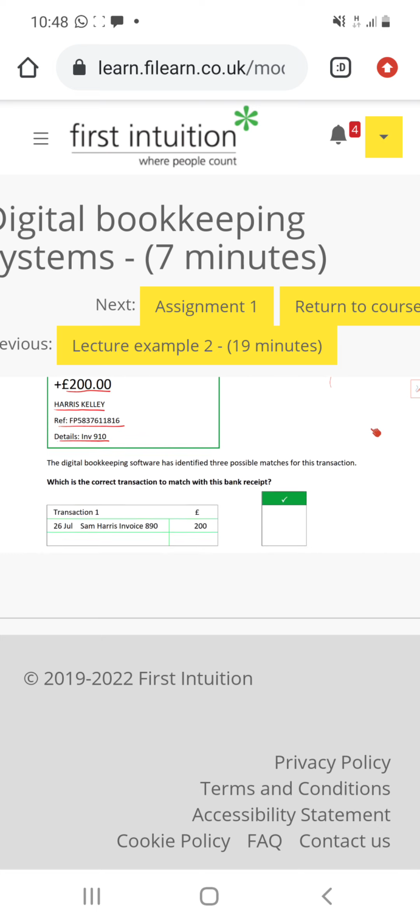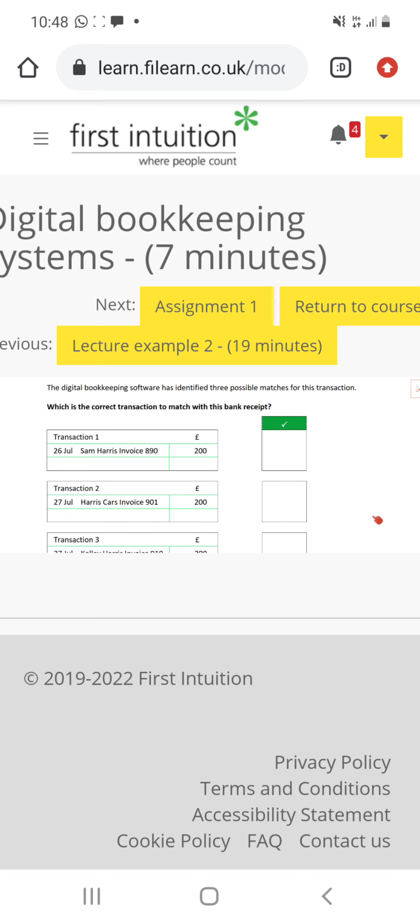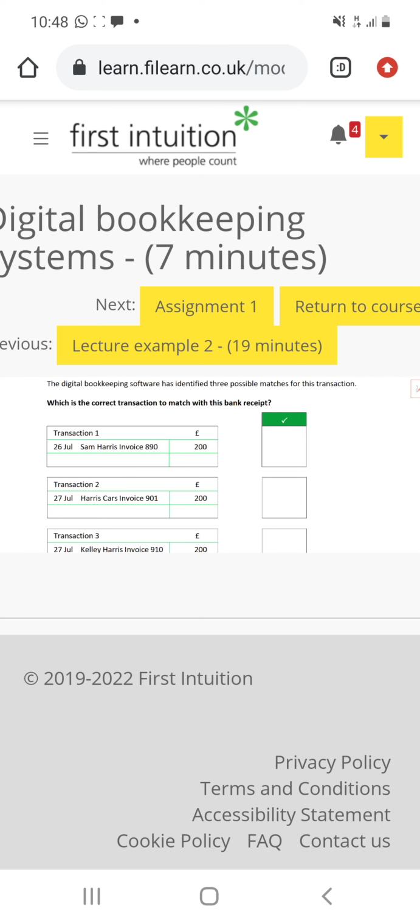Now, this is where the software itself, most of the time, will be able to identify it. But you might find that the software is 95% accurate or 98% accurate, something like that. There might be the odd transaction it struggles with. And so what we're asked to do is decide which is the correct transaction.